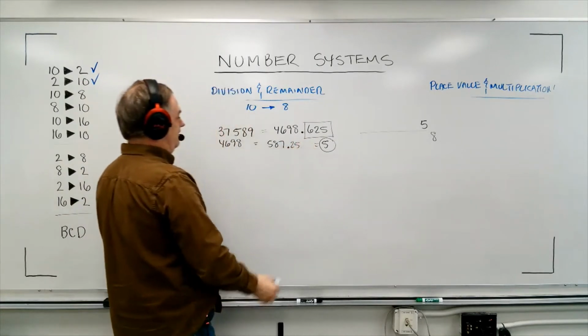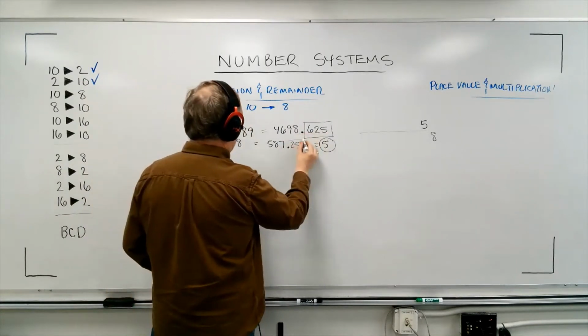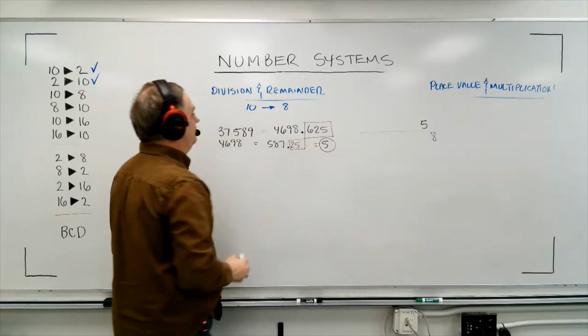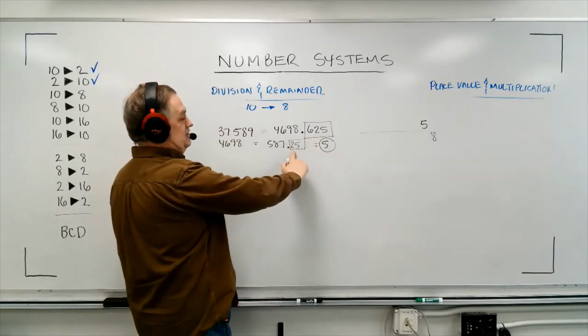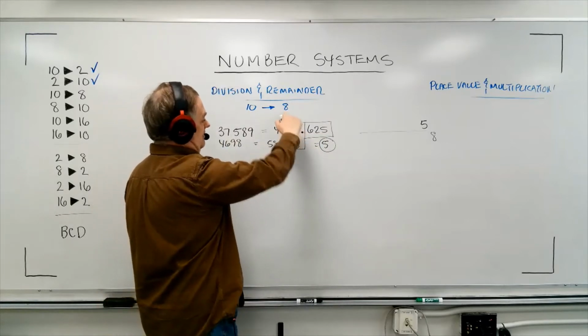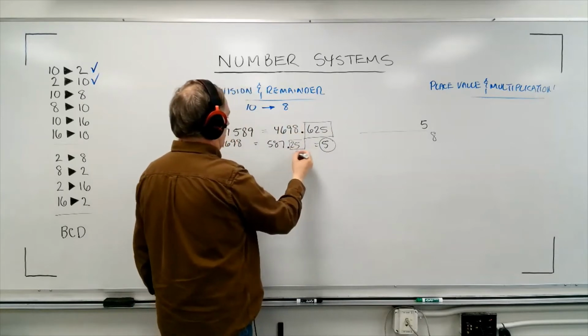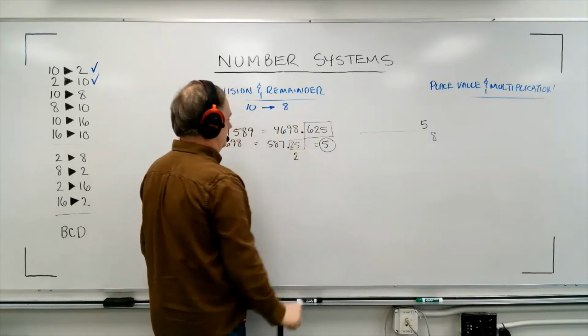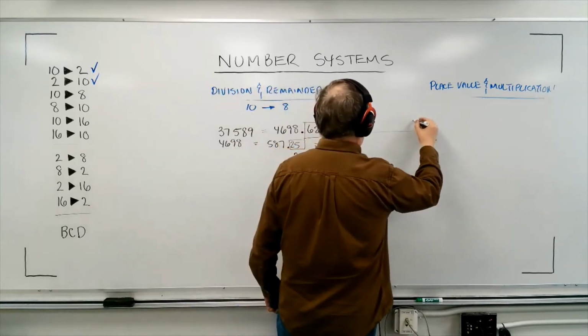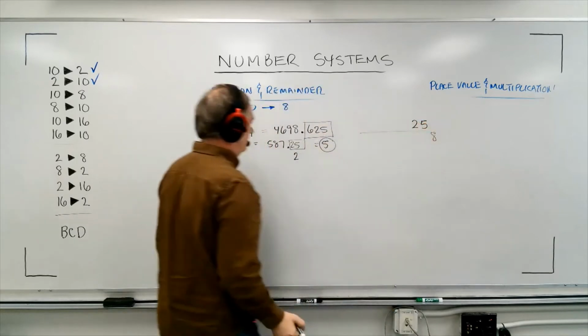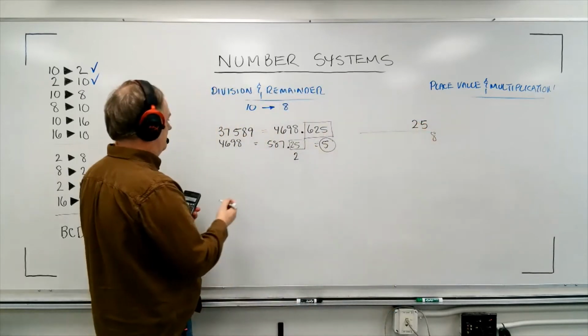Now this one's a little easier. What does this .25 work out to in terms of a remainder? Well, it's 0.25 of 8. So that means 0.25 is actually 2. So that means that 2 is the next character in that number.